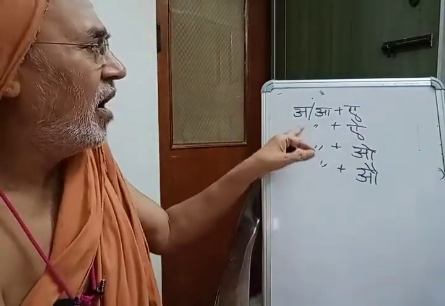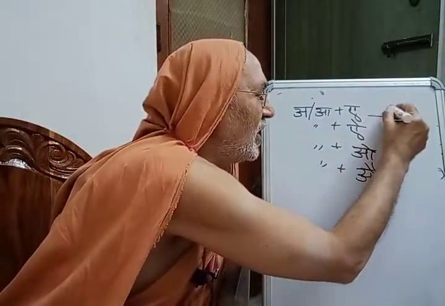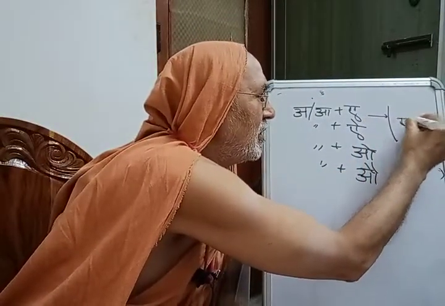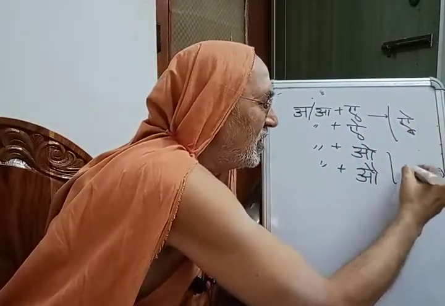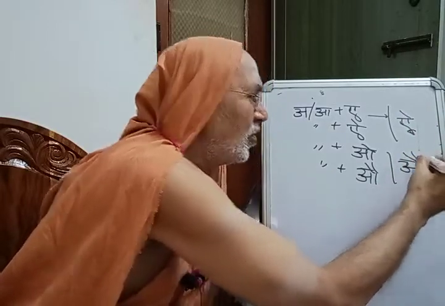Same. A followed by A, I, O, Au. These two changes to I. These two in cases change to Au.